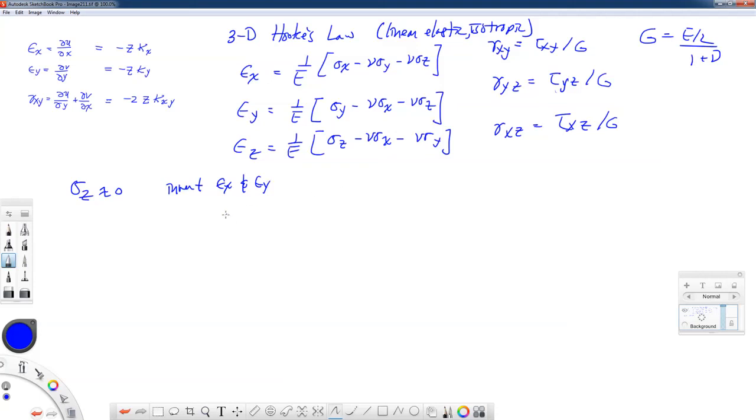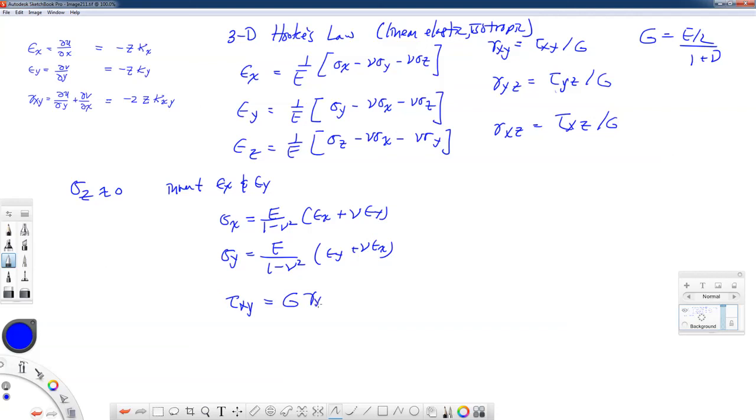So I'm going to write down the results: sigma x is equal to E over 1 minus nu squared times epsilon x plus nu epsilon y, and sigma y is equal to E over 1 minus nu squared times epsilon y plus nu epsilon x. And of course for our shearing stress, if we rearrange, tau xy is equal to shear modulus G times gamma xy.